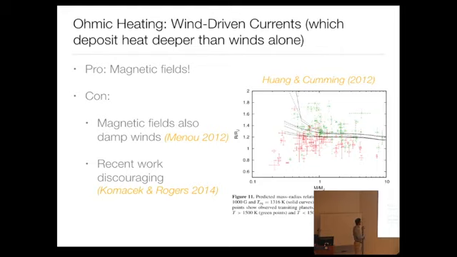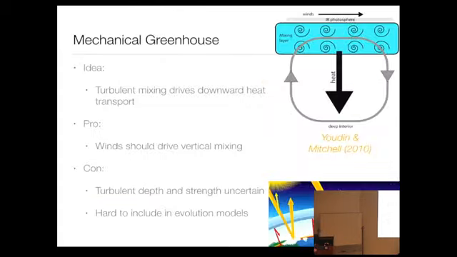There's been several recent works, including work that was done at a previous workshop by a student and advisor, I guess the one in Beijing, showing that this ohmic dissipation mechanism might not work in detail.